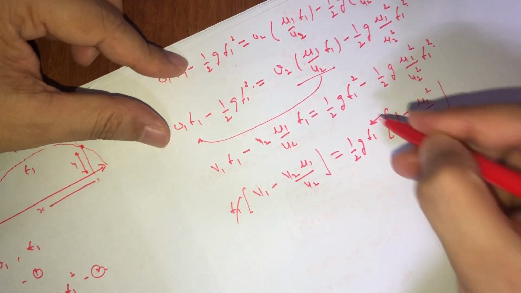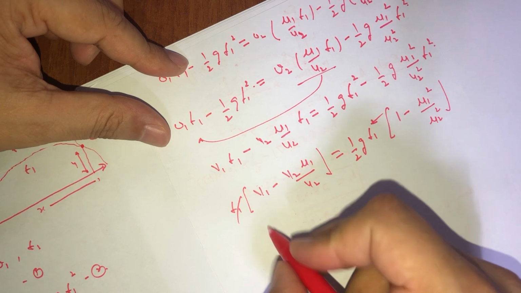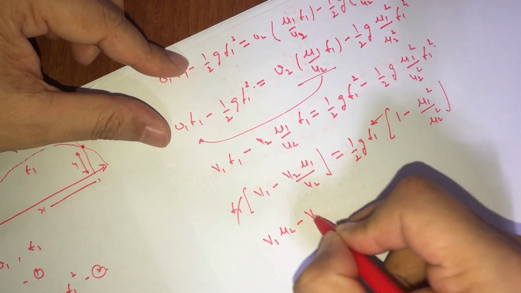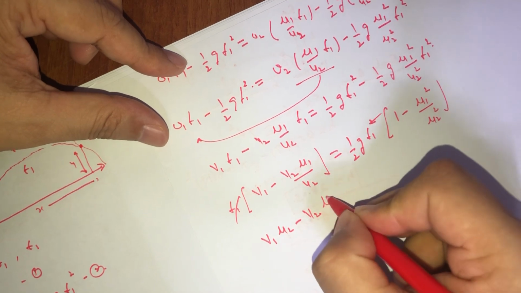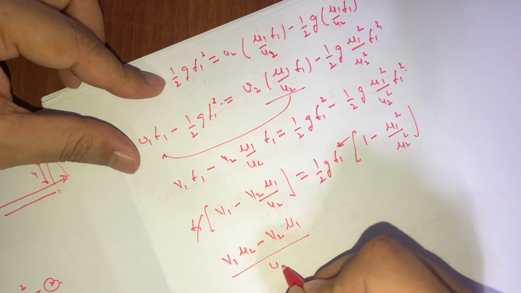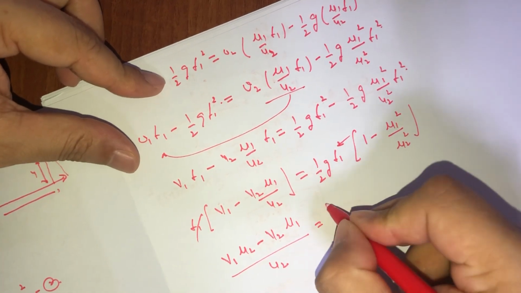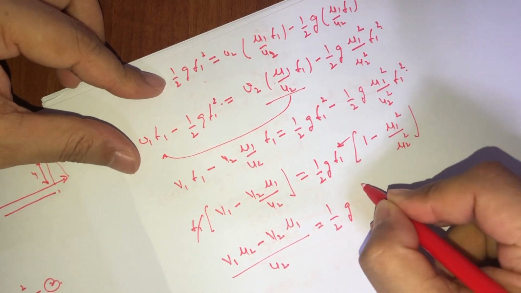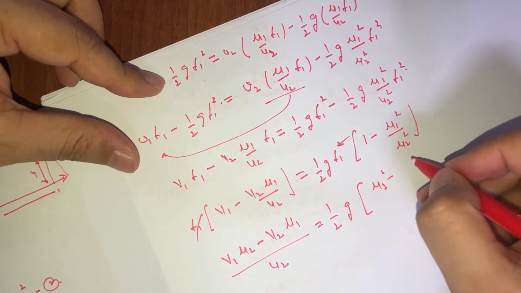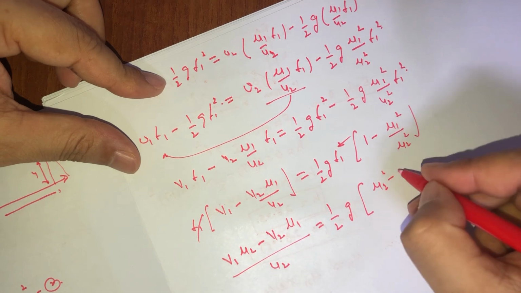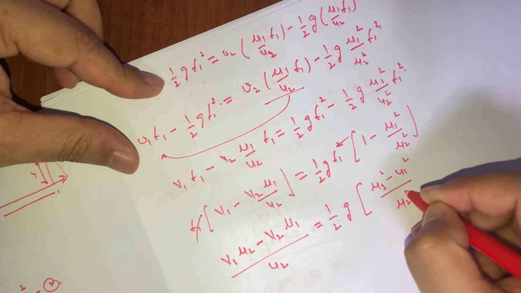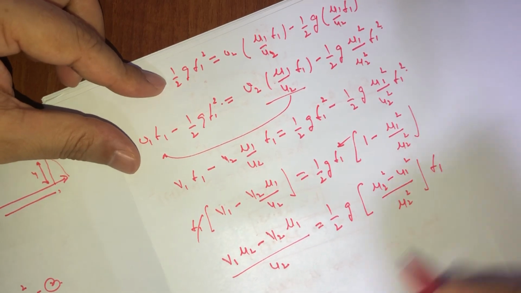So t1 cancels out by the square. Now taking the LCM, we get v1 u2 minus v2 u1 divided by u2 is equal to 1/2 g times u2 square minus u1 square divided by u2 square times t1.